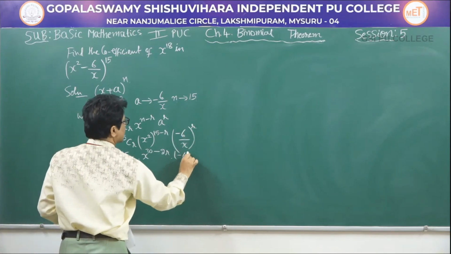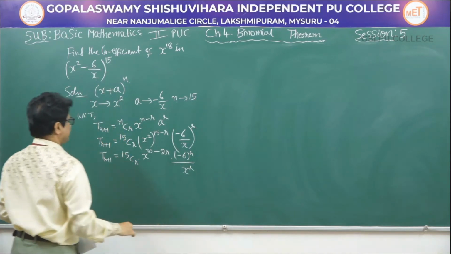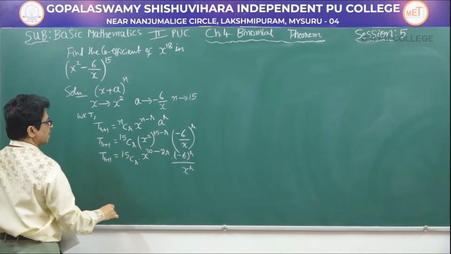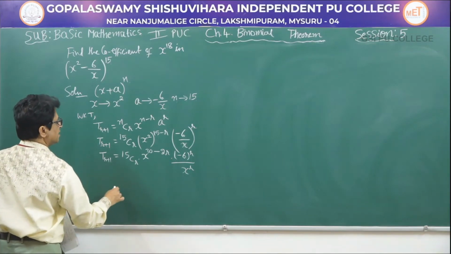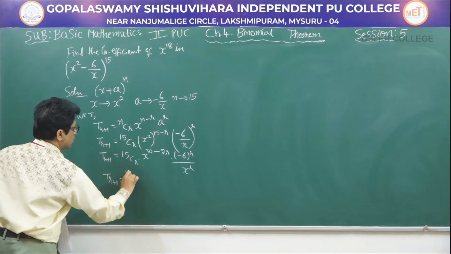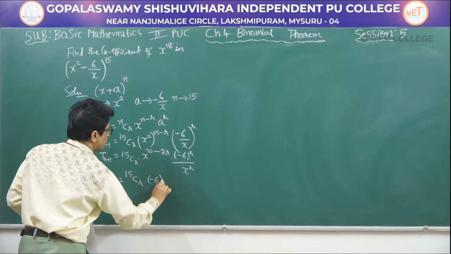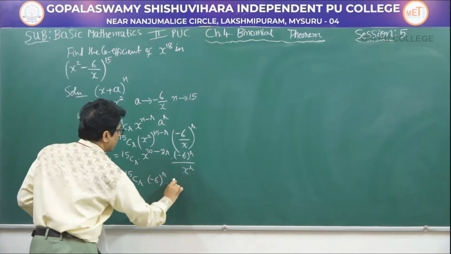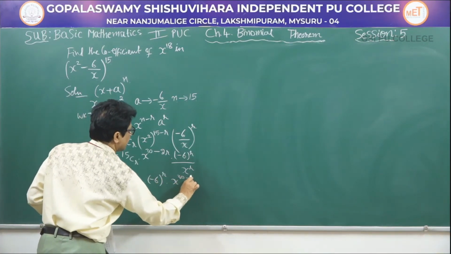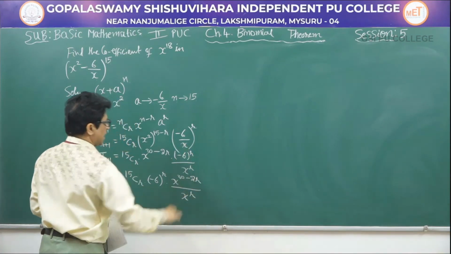So that is minus 6 whole power r by x power r. So rearranging the terms here, we get T(r+1) is equal to 15Cr into minus 6 whole power r into x power (30 minus 2r) divided by x power r.